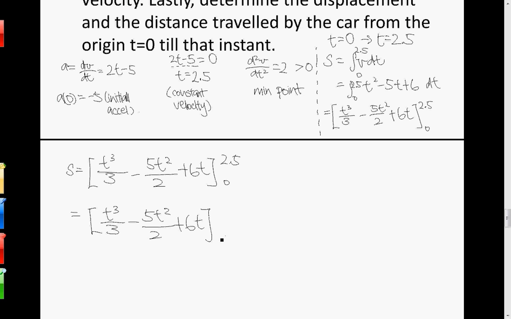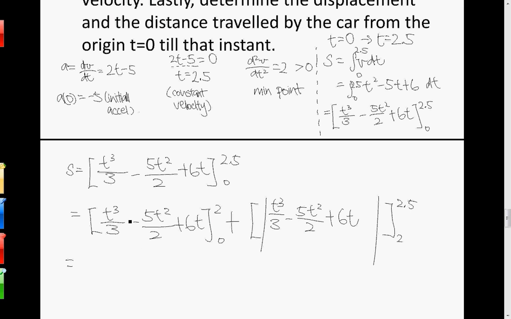So I have to do it from 0 to 2, and then add in the same expression from 2 to 2.5. However, in this case, I have to take the absolute value of this thing. Plus 6t. Right?